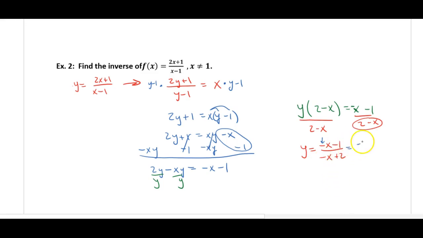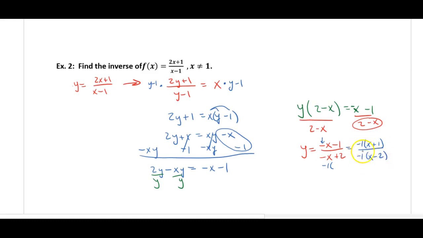So what I'm going to do is factor out a negative 1 here. And when I do that, and I divide both of these by negative 1, I get x plus 1 over here. When I factor out the negative 1, negative x divided by negative 1 is positive x. Then positive 2 divided by negative 1 is minus 2.